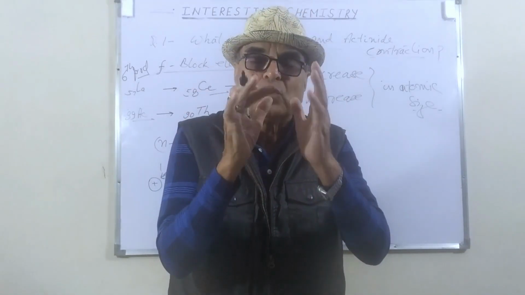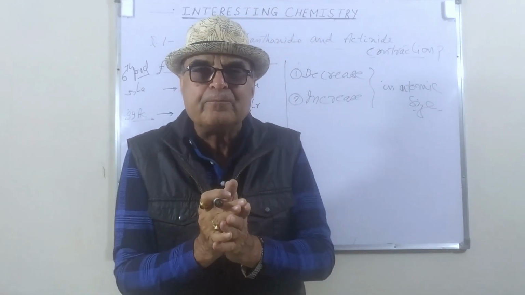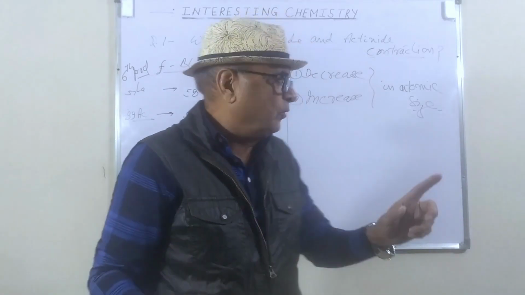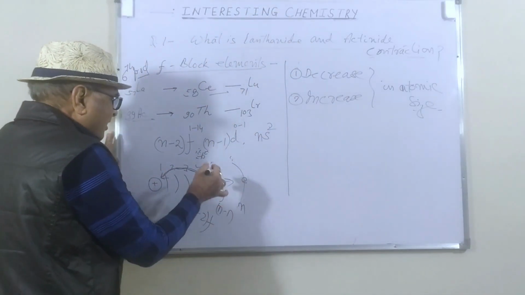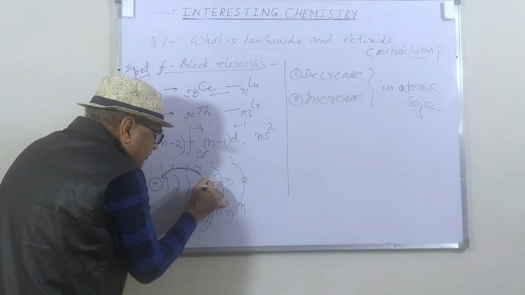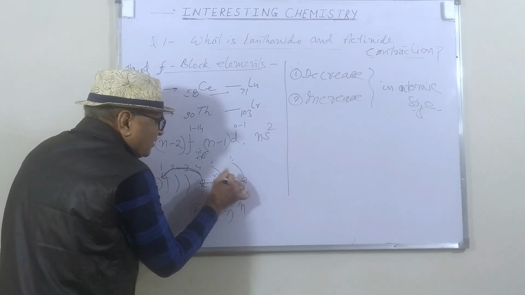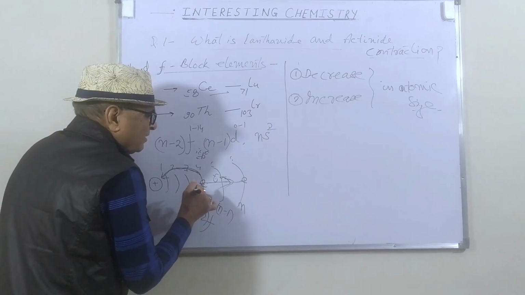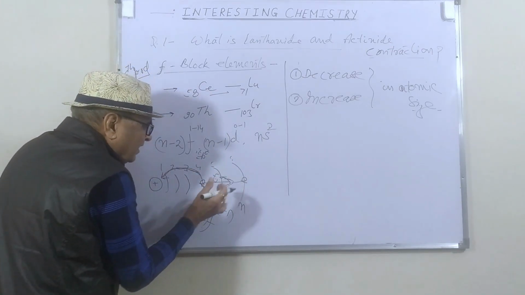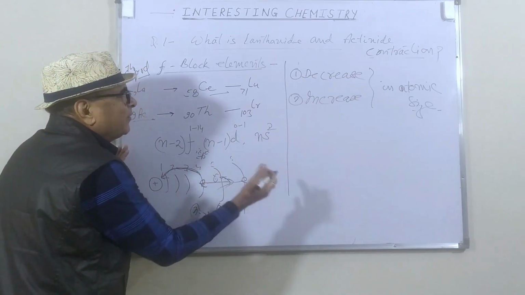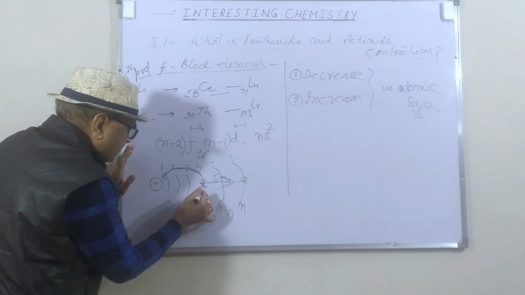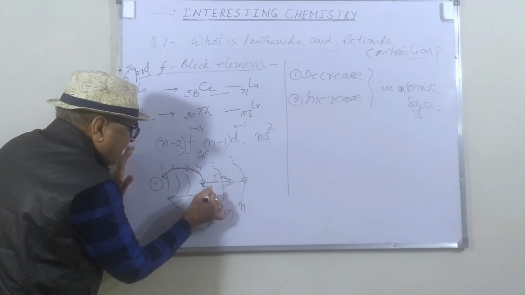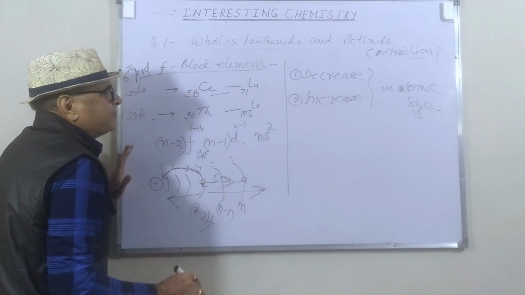In other words, the effective nuclear charge for this electron will reduce. Hence this repulsion causes the expansion in the size of the atom. So this one is the decrease, and this one is the increase.